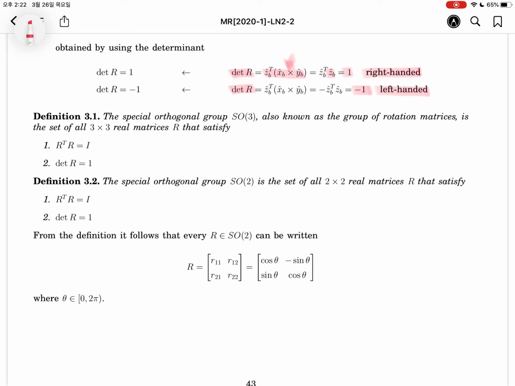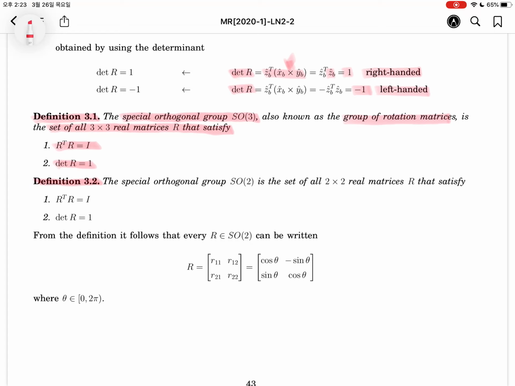Okay, as a summary, we will introduce the definition. The special orthogonal group denoted by SO(3), also known as the group of rotation matrices, is the set of all 3 times 3 real matrices R satisfying the 6 constraints and the right-hand rule.